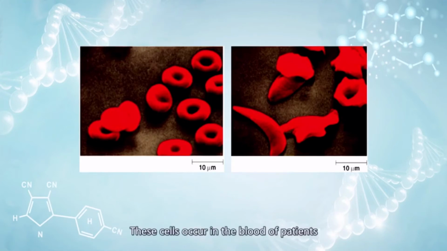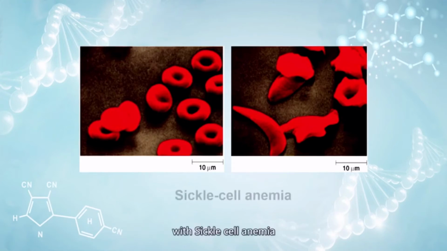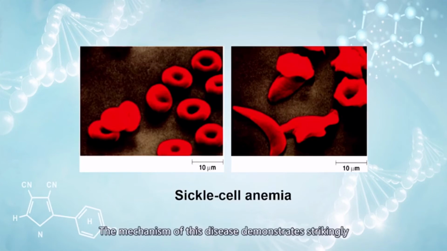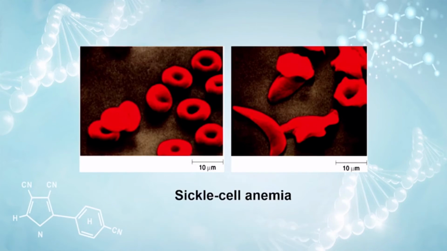These cells occur in the blood of patients with sickle cell anemia, a hereditary human disease. The mechanism of this disease demonstrates strikingly the importance of amino acid sequence in determining the conformation of proteins and thus their biological functions.